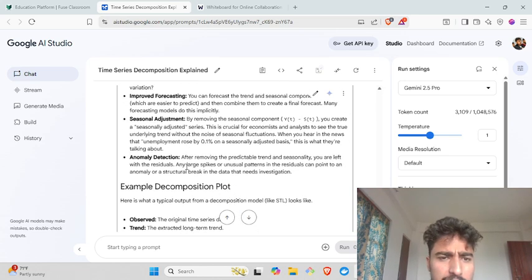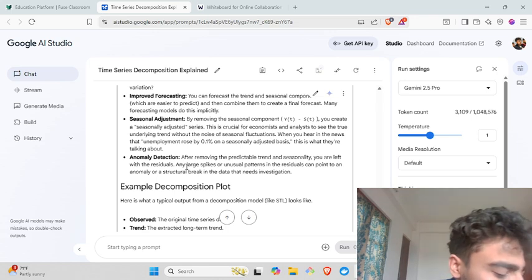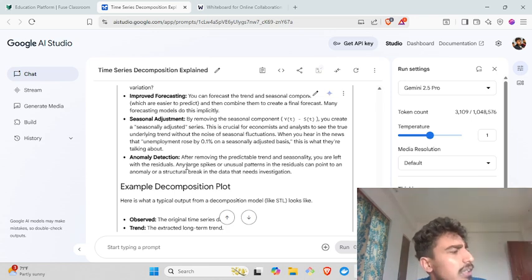And seasonal adjustment: by removing the seasonal component from the overall time series, we can see how the other components are affecting it collectively after separating out a single component.